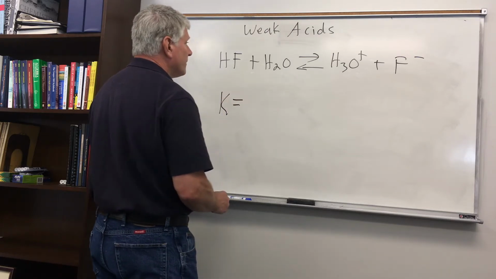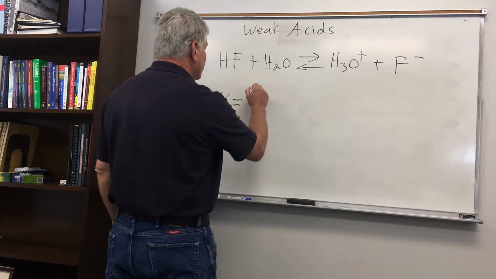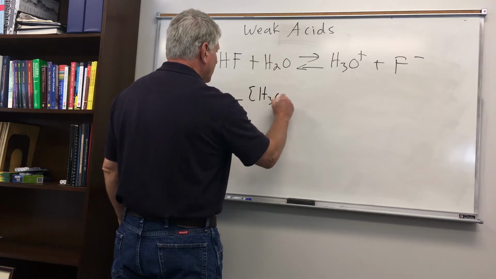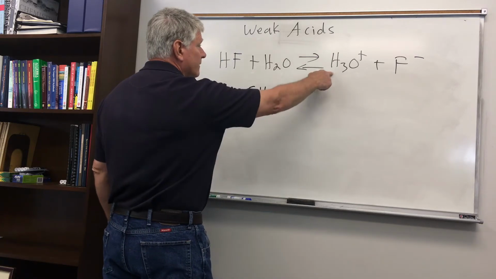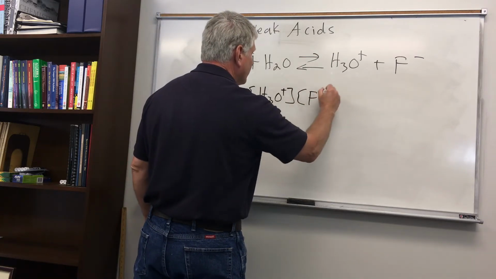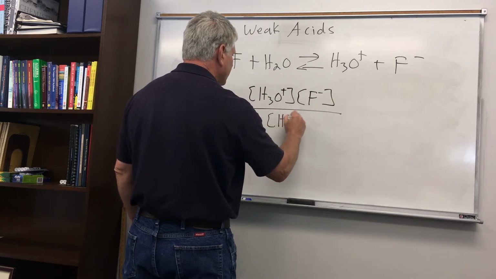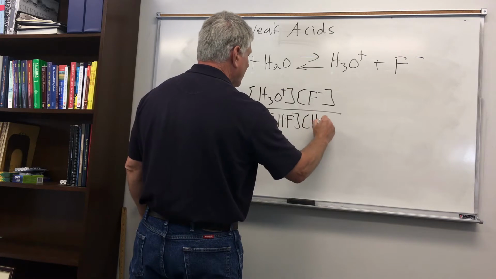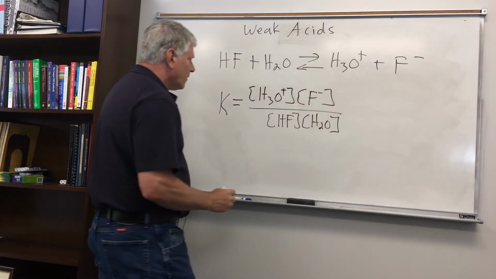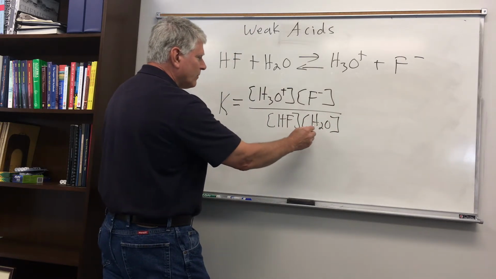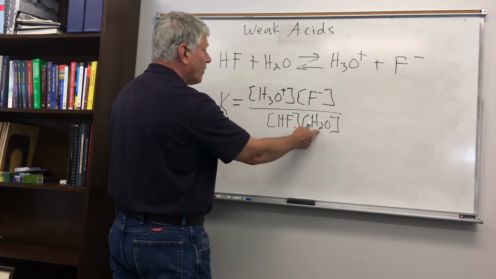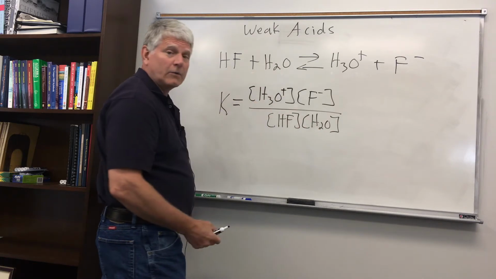So the equilibrium constant is equal to the concentration of H3O+ and F- divided by the concentration of HF and water. But we saw before, we don't include the concentration of water because it's a pure liquid.